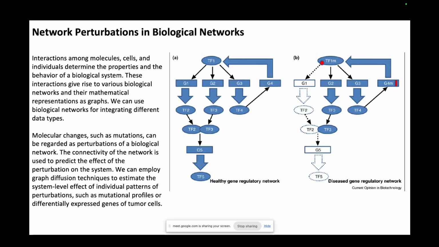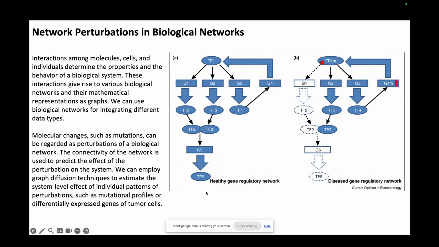So mutational profiles come in very handy when predicting these kinds of things. Say, for example, this is a disease network. Now you have been given a much bigger network than this, with all these connections. Now you are asked, if I perturb this part of the network, what actually gets affected?